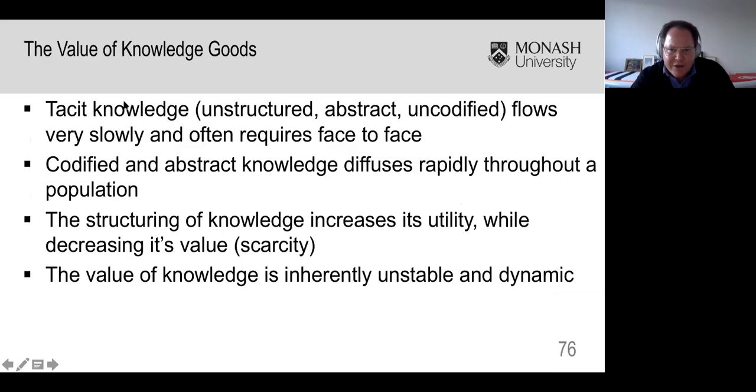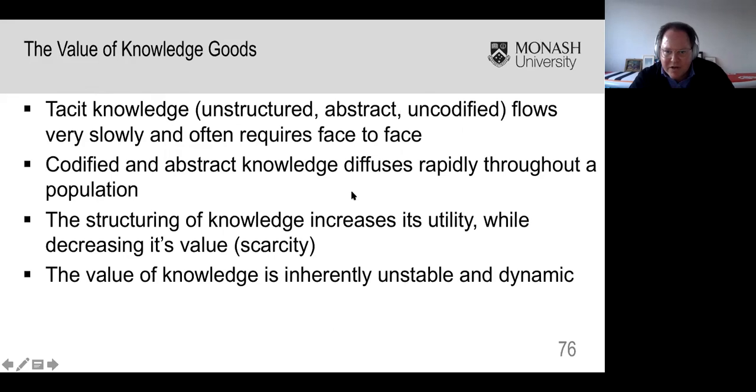First, his key question was, what is the value of knowledge goods? This is commodified knowledge as a service or as a product. He noticed that tacit knowledge is unstructured, abstract, and uncodified, and flows very slowly, often requiring face-to-face interaction, people really being in the same space to discover it.